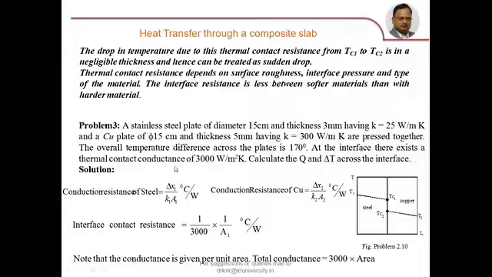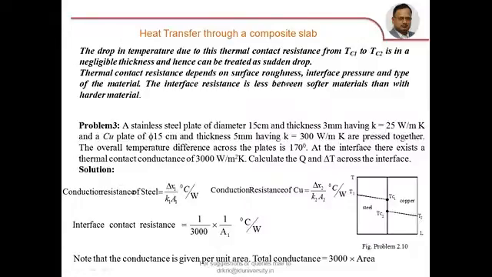At the interface, there exists a thermal contact conductance of 3000 watt per meter square Kelvin. So this is the conductance, so the reciprocal of it will be the resistance. Calculate the heat transfer and temperature difference at the interface.